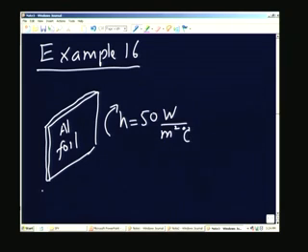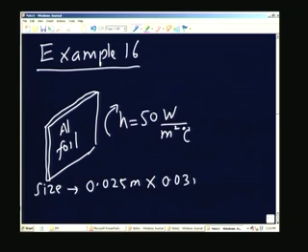The size of the foil is given by 0.025 meters multiplied by 0.03 meter multiplied by the thickness, 0.00005 meter. Okay, this is the size of the foil, and the foil is losing heat with a heat transfer coefficient H equal to 50 watts per meter squared Celsius.